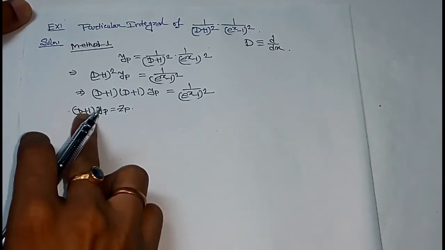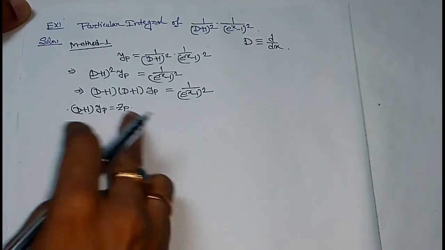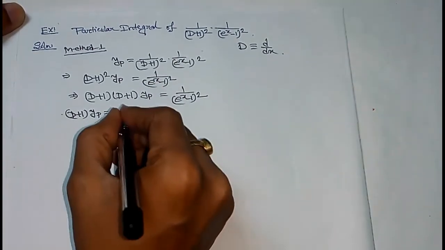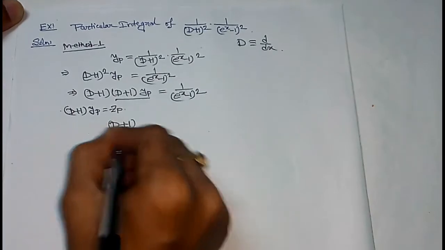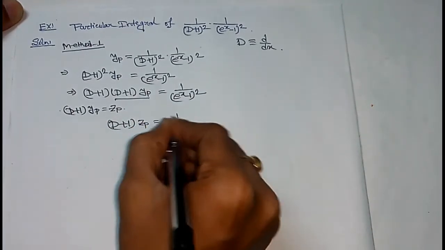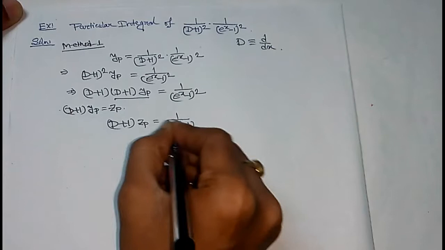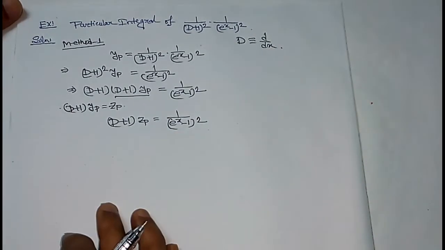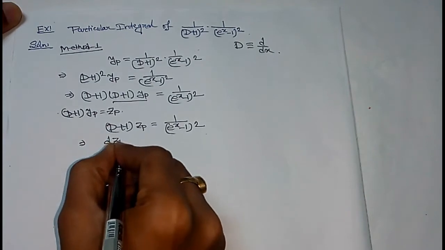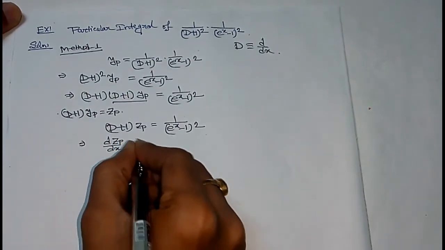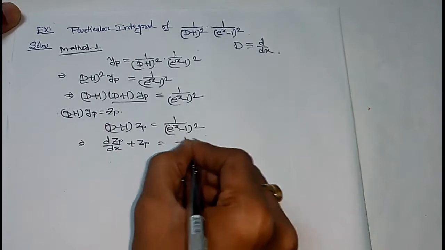If we replace this value in the equation, then the equation becomes (D plus 1) zp equal to 1 by (e to the power x minus 1) whole square, and this can be written as dzp/dx plus zp equal to this.